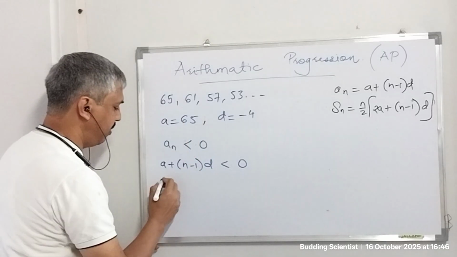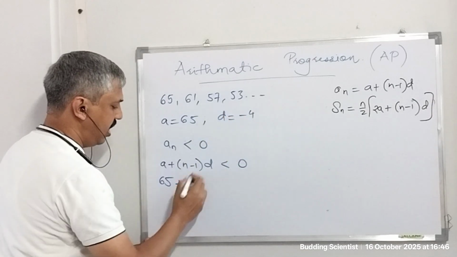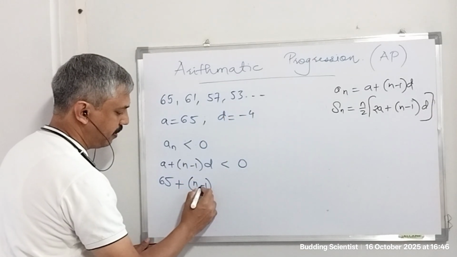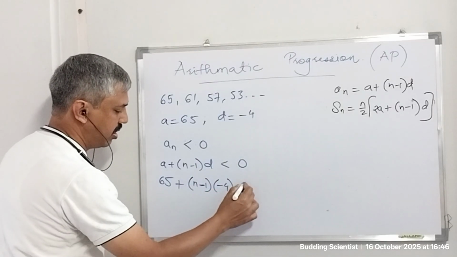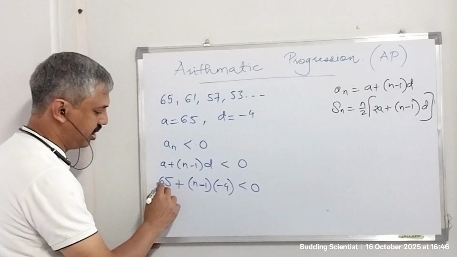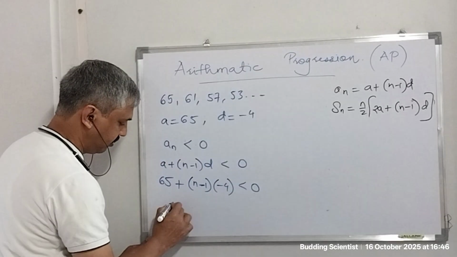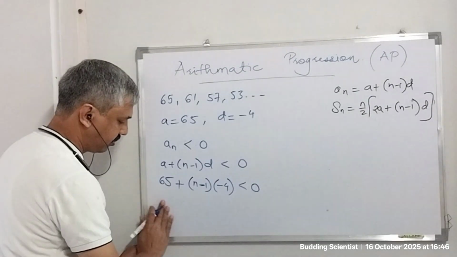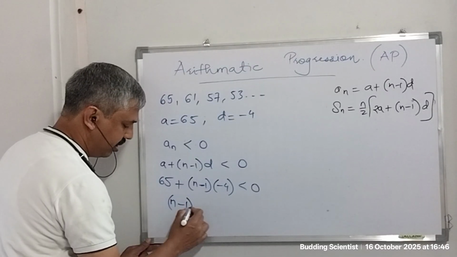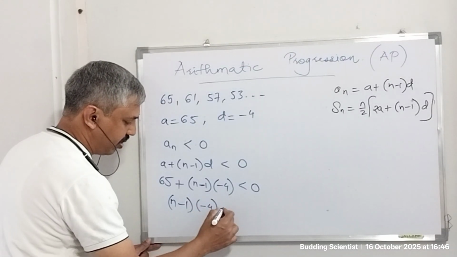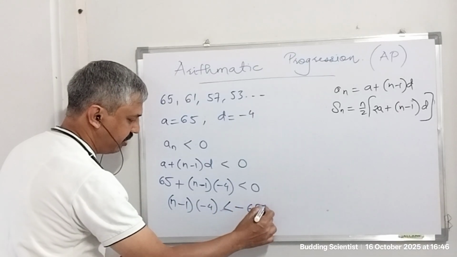A is 65 plus n, we don't know, (n minus 1), and the value of d is minus 4, is less than 0. 65 goes on this side: (n minus 1) into minus 4 is less than minus 65.